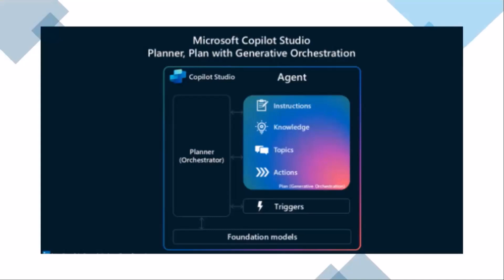So we do have the Microsoft Copilot Studio planner, or plan. Looking closely at the different Copilot Studio components, the key components of the plan are the agent instructions, the last 10 turns of conversation history, knowledge sources, as well as topics and actions.